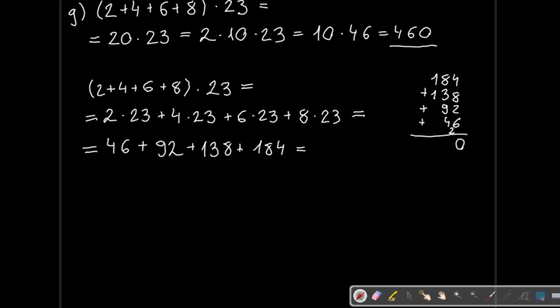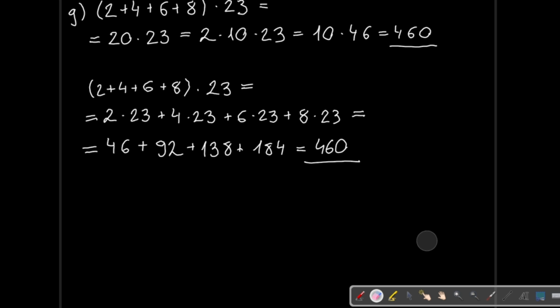Then we have 70, 20, 26. And 2 plus 1 plus 1 is 1, so 460. We got the same result, obviously. We must get the same result. Yep. Once again, that was way easier.